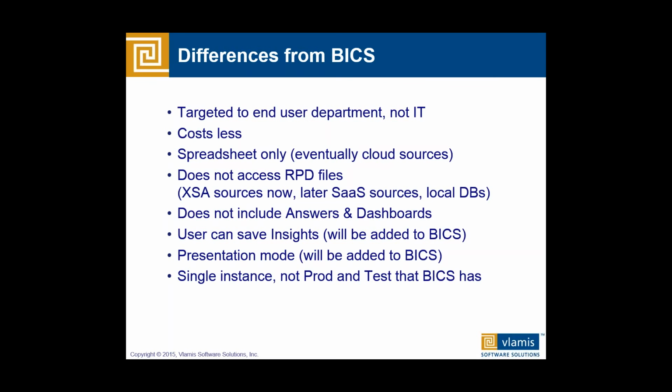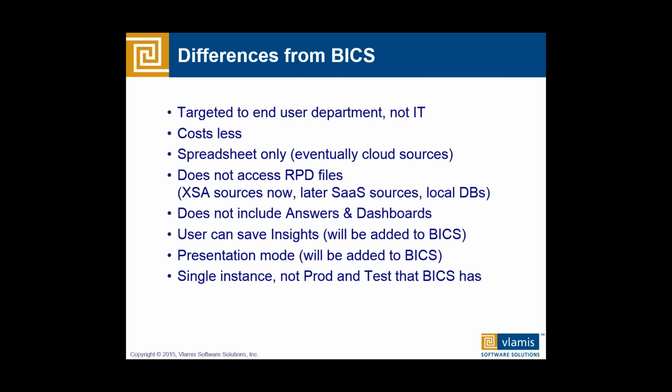Yeah, some of the things that you'll see in the demo is the ability to add insights and a presentation mode. And so we're excited to see that added to BIX as well. In some ways, you get a preview of what it's going to look like with DVCS.